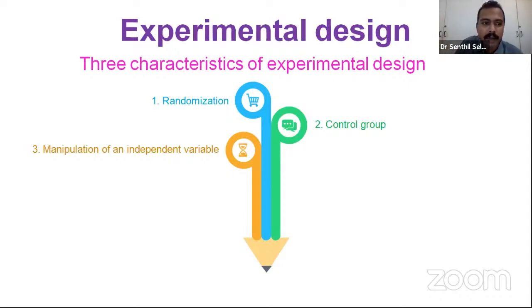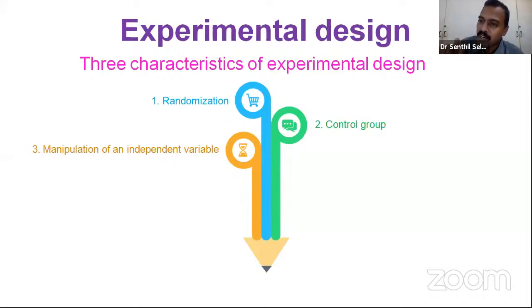And finally, manipulation of an independent variable. Manipulation of independent variable in the sense, it is the ability of the researcher to give a treatment, that is, to provide a treatment or to withhold a treatment. If the researcher has the ability to give the treatment or withhold the treatment, it is called the manipulation.